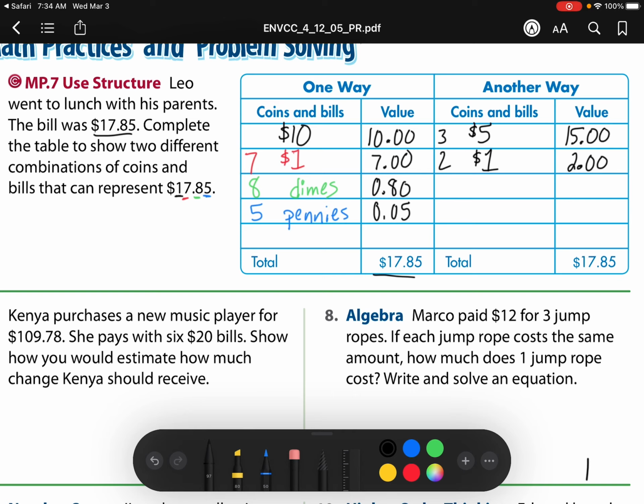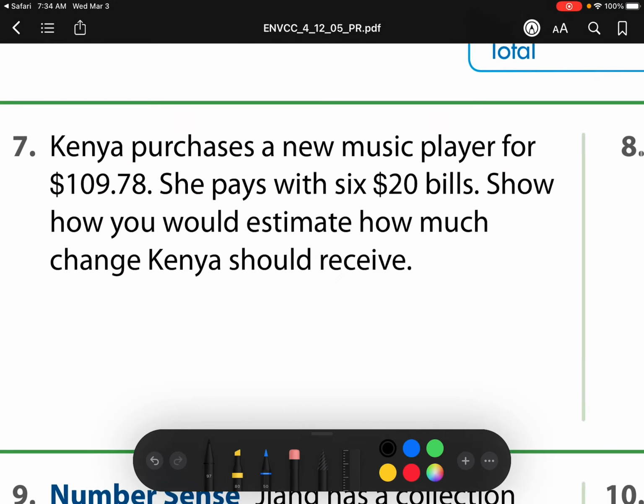Well, let's do 3 quarters because that's going to be 75. And we didn't use quarters in our last one. So that's going to be 75 cents. And now I need to see, how do we get from 75 to 85? Well, that can be 1 dime. For this one, there's many answers. But as long as you get $17.85 after adding them all up, you did perfect.